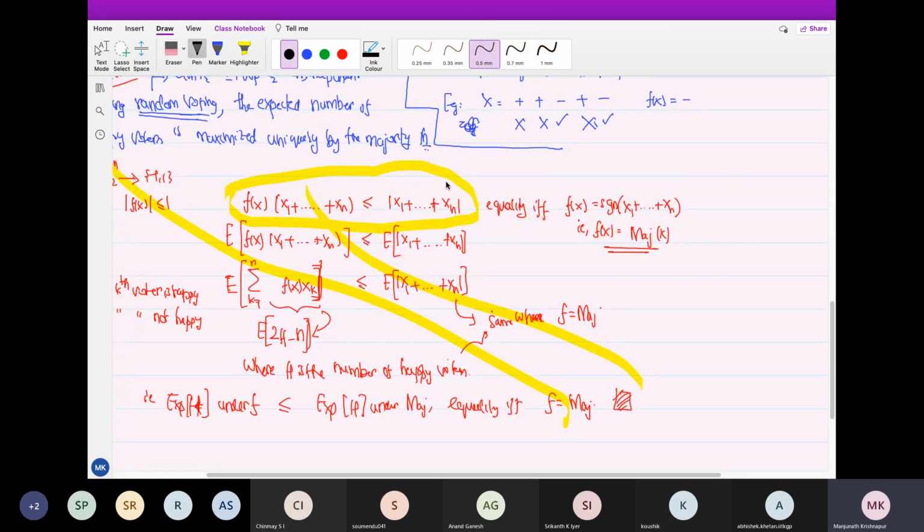You just take this first statement, that's all that is needed, because the left side is the number of happy voters when the voting pattern is x, and the right hand side is exactly the same under majority, when the voting pattern is x. So x by x it is 2. There is no need to put expectation and other things. It would be silly to do that actually.